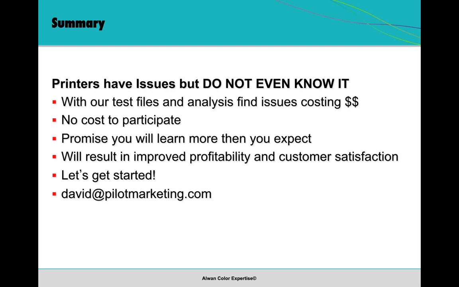Here's a question with regard to ID Alliance. Does ID Alliance accept the Alwan control strip live job sheets for yearly certification runs now? Yes. In fact, we set RIT up, who does all of ID Alliance's qualifications. We set them up with Print Verifier and an i1.